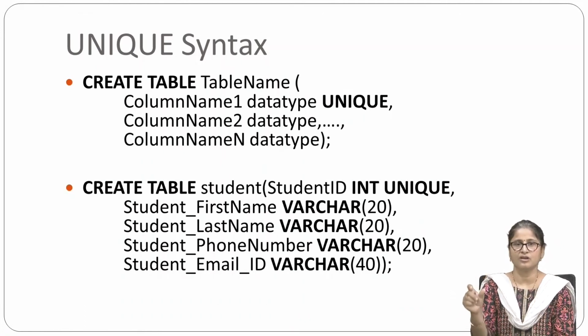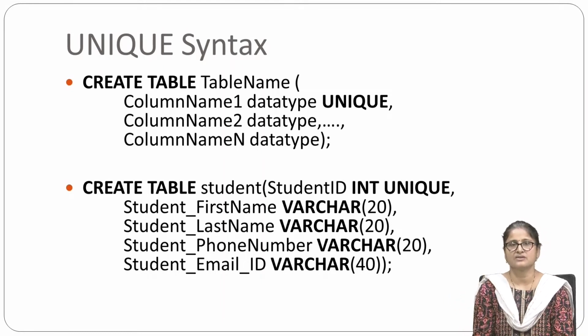The column that should be considered a unique constraint should be mentioned as unique. For the remaining columns it is not required, so the unique keyword should not be used. This is the syntax of the unique constraint in create table.